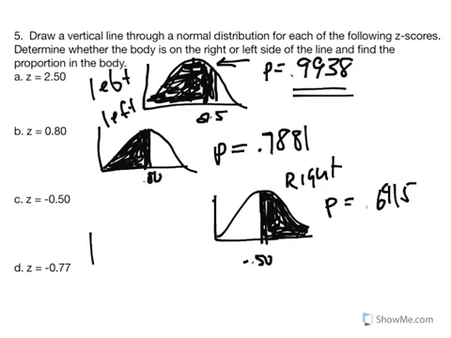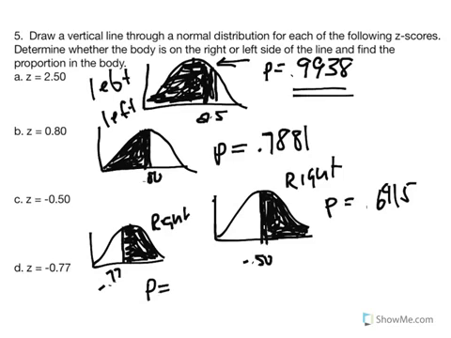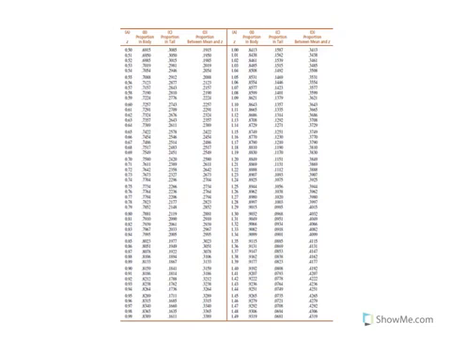Finally, the last one, we have another z-score that's negative, and pretty close to the mean, negative 0.77. Once again, it's a negative z-score, so the body will be to the right of that value. And the probability is equal to, we're going to again utilize a unit normal table. Here is our unit normal table.